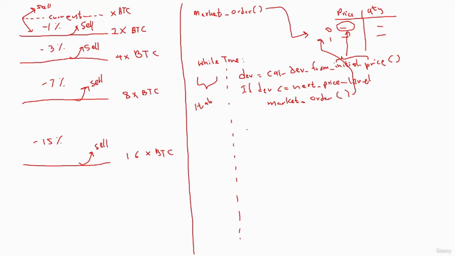We can calculate the current value of Bitcoin by multiplying this quantity with the current price.